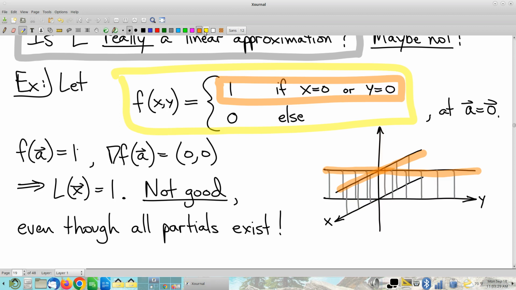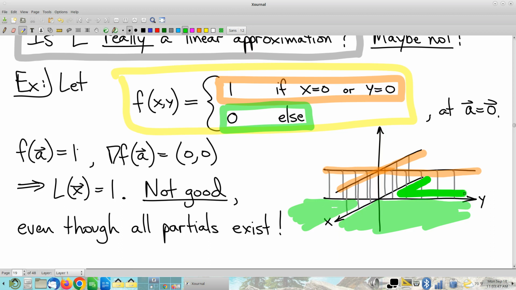I guess I'll use green for this. It's 0 everywhere else. So the value of the function is 0 over there, and is 0 over here, and over there is all 0, etc. Everybody see what this function looks like? It's a weird graph.